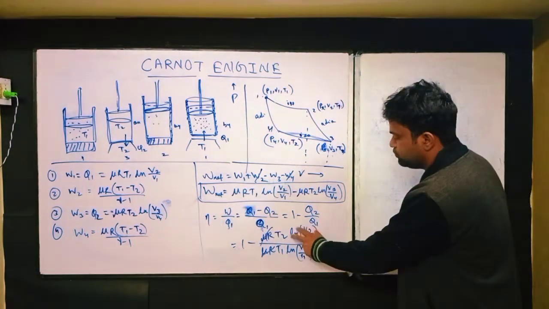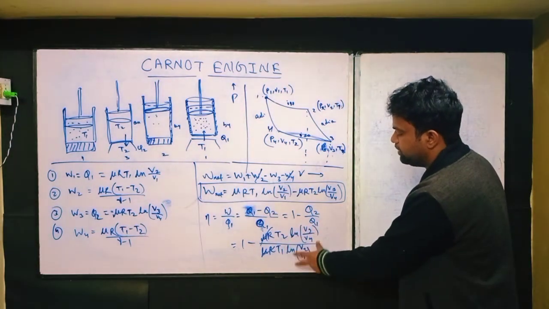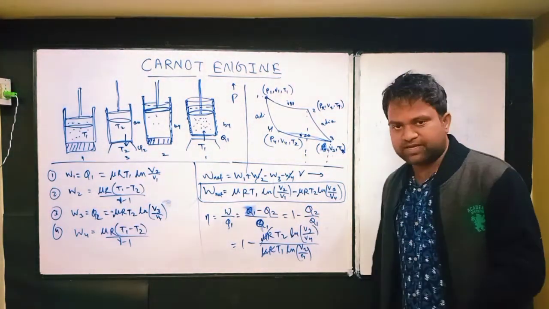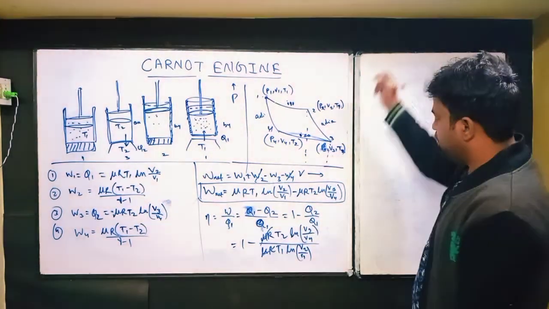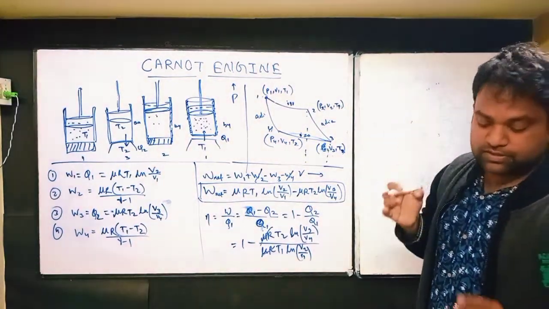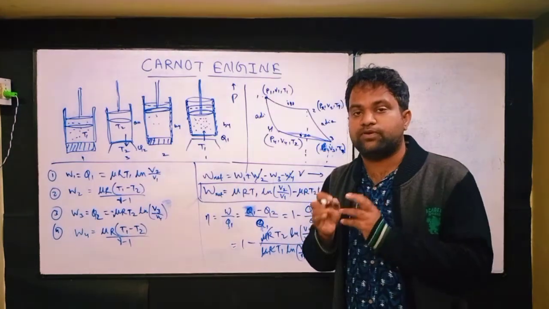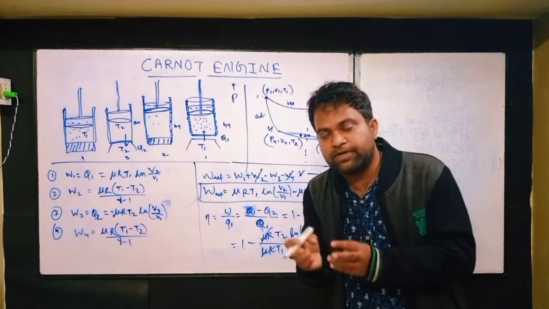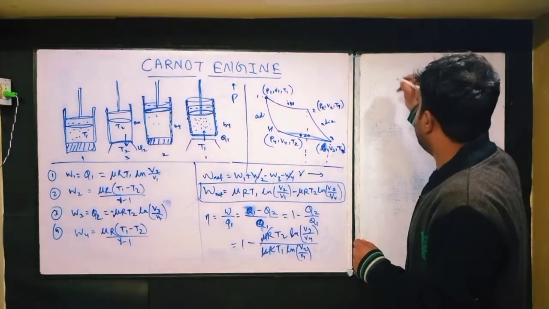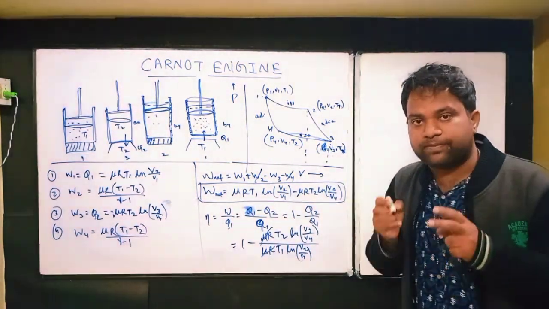Now I have to get some relationship for these ln terms so that I get a simpler equation. We know that for the adiabatic process, in the last video I discussed the relationship between P, V and T in an adiabatic process, and there we got the relationship between temperature and volume.